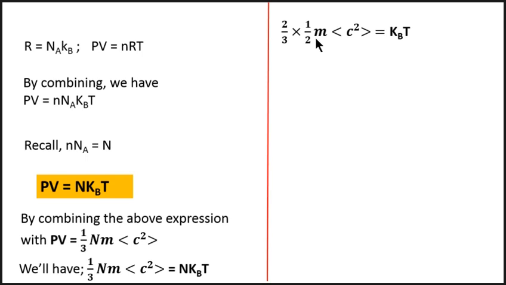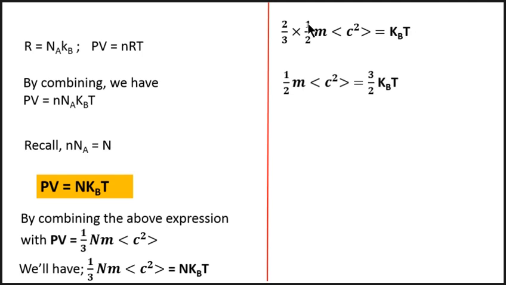Now, if I migrate this value to the other side, then I will be having 3/2.